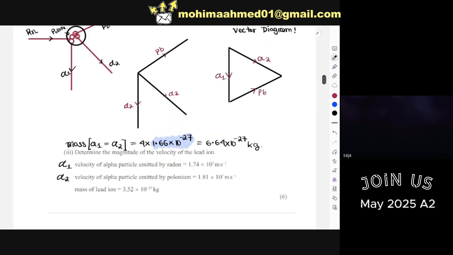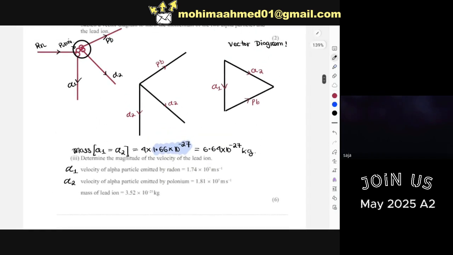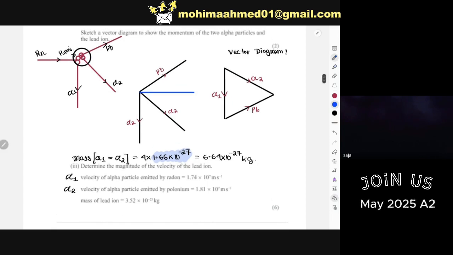For that lead ion, let's just use this diagram. For example, I can clearly see that alpha 2 was not entirely in the vertical plane, right? It was somewhere distorted in between the vertical plane and the horizontal plane. And again, for lead also, it was not entirely in the vertical plane.